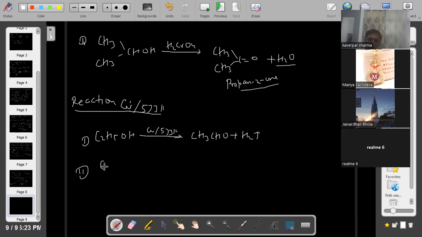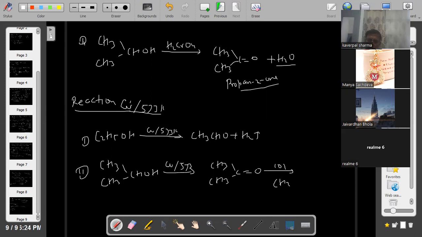In the second case, CH3CHOHCH3, then you will get copper at 573 Kelvin, CH3COCH3. On further oxidation, CH3COOH. Okay? Now, please, revise again.